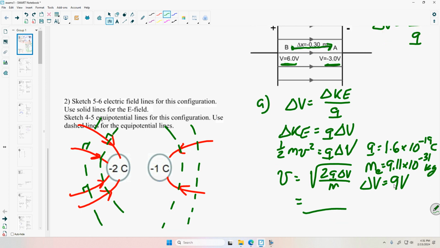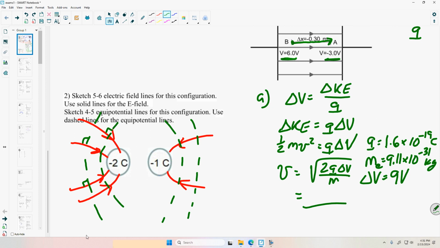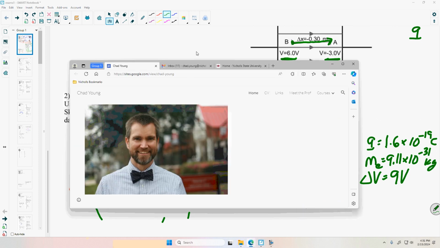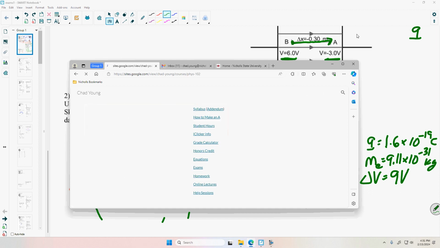Okay, and then for the electric field, oh goodness, I ran out of space here. For the electric field, just don't forget, I'm going to go back and show you the equation sheet.